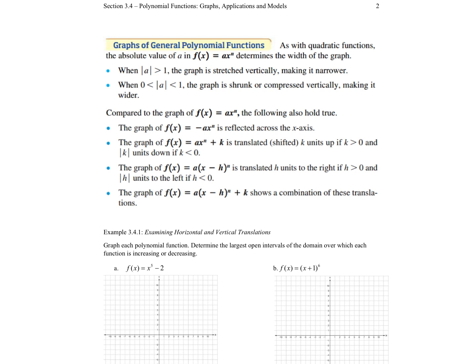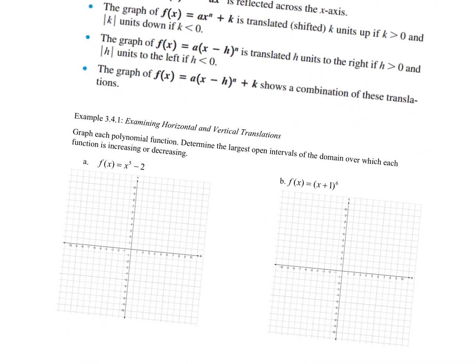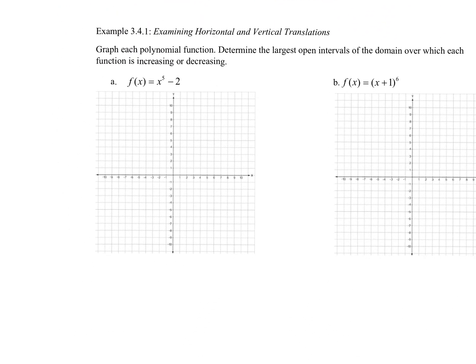Let's look at some examples with transformations, and these are going to be based off of the graphs we saw in our previous figures. These might be a bit of a rough sketch, but they follow pretty much what we saw in the pictures above. Let's start with x to the fifth minus 2.